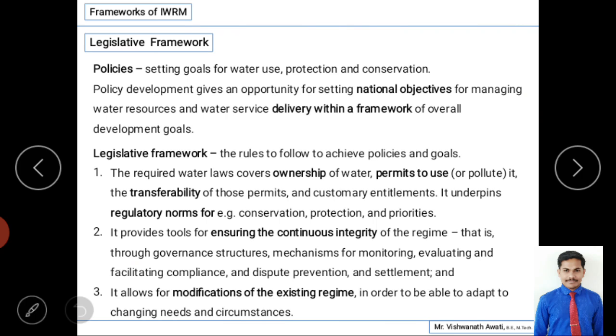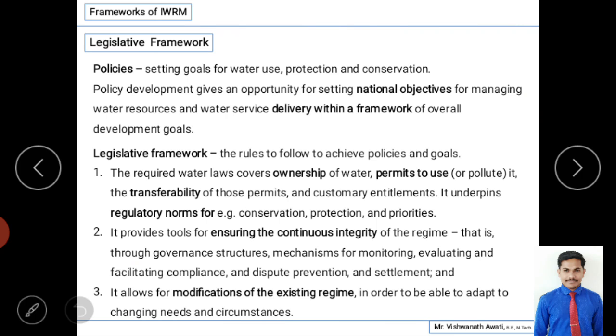Now we'll go to the legislative framework. As I told, it's mainly about managing the people: how to use, where to use, who has to use, all these questions we are solving in the legislative framework. I'll repeat, in a legislative framework the main discussion is that you should not get any conflict.